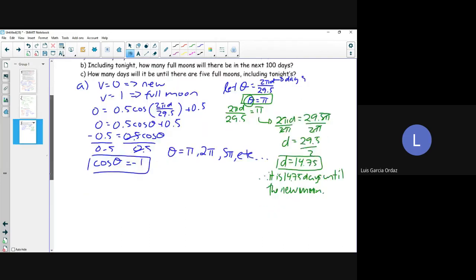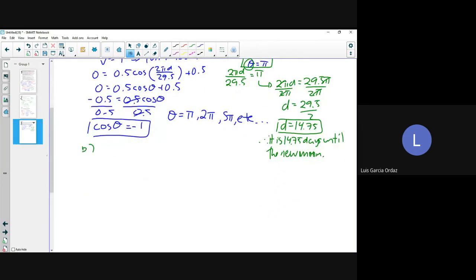So we're going to move on to question B. B is asking us, including tonight, how many full moons will there be in the next 100 days? So we said when V is equal to 1, that means there's a full moon. So we're going to use the same thing. Let theta equal 2 pi d over 29.5.